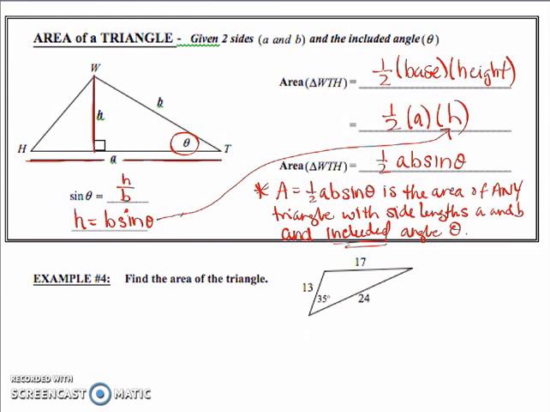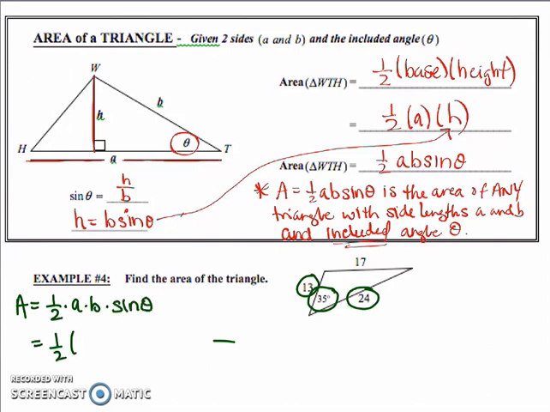So for our last problem here, they want us to find the area of this triangle. So let's make sure we have the right information. We have a theta, and we have that angle being included between 2 given side lengths. So we can go ahead and use our new formula. Area equals 1/2 ab sine theta.